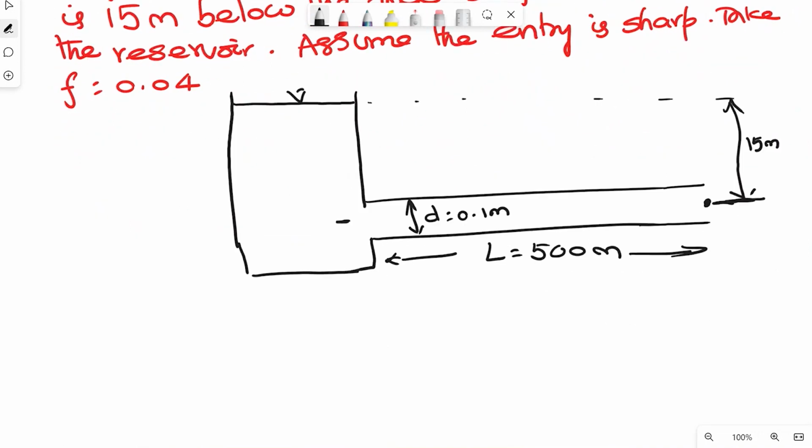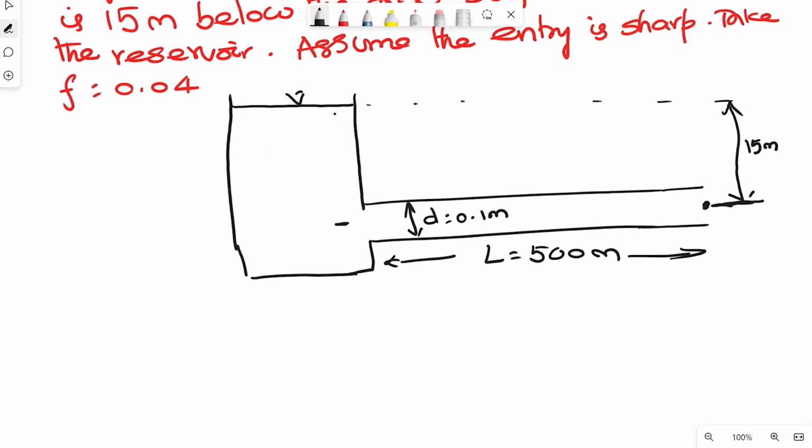So that means total head is lost. The meaning between these two is: this is the outlet, this is the water level in the reservoir. So by flowing a distance of 500 meters, the total head is lost.